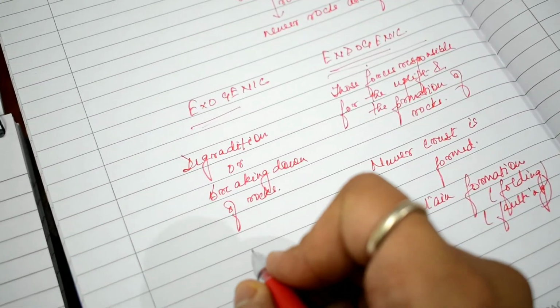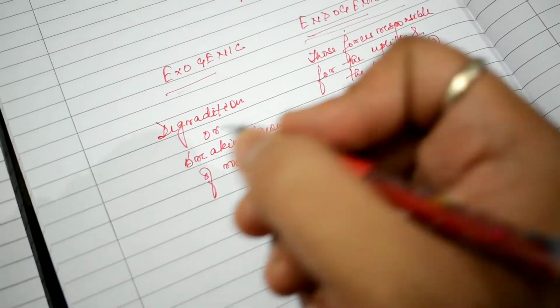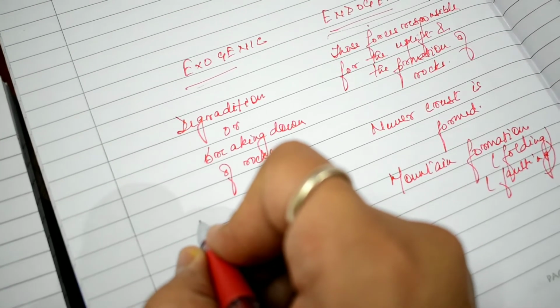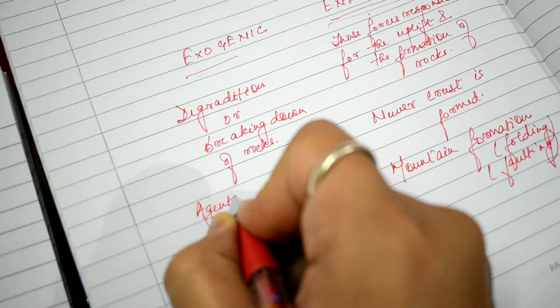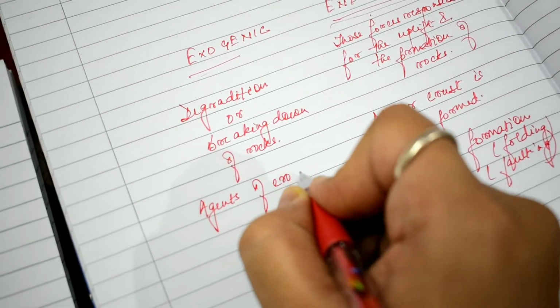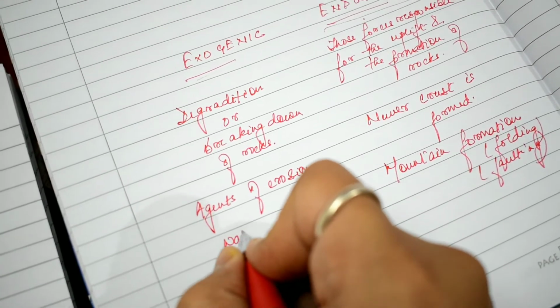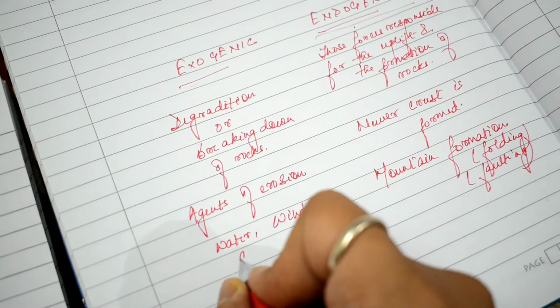Most importantly, as you have read in the previous classes, they are the agents of erosion. The agents of erosion, you all know, the most famous ones: water, wind, glacier.